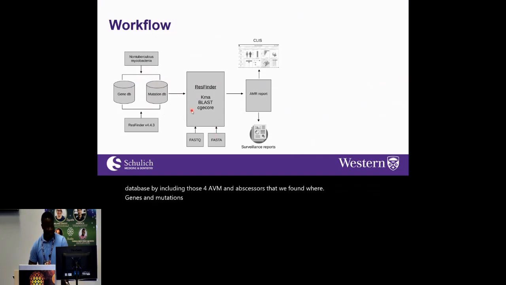And then these can take in 5 formats, which is the raw reads or your assembled genomes, using 2 different modes, that's KMA and BLAST, to search for resistance genes through mutations or the presence or absence of genes in a database. And this would then produce an AMR report which can be integrated into a clinical laboratory information system or even surveillance reports for public health.